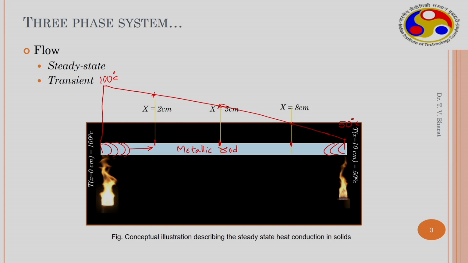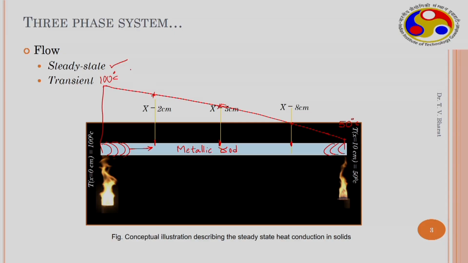The values of temperatures are time invariant. So steady state will be achieved after certain time, but during the transient state the temperature values change with time.